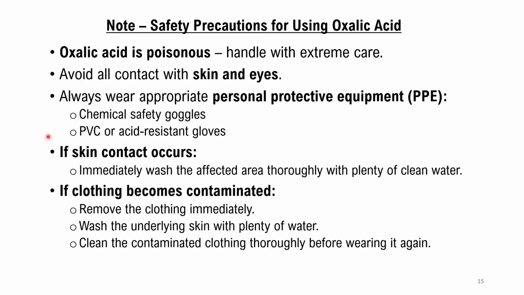And in case of contact with skin, immediately wash the affected area thoroughly with plenty of clean water. If clothing becomes contaminated, remove the clothing immediately. Wash the underlying skin with plenty of water. Clean the contaminated clothing thoroughly before wearing it again.